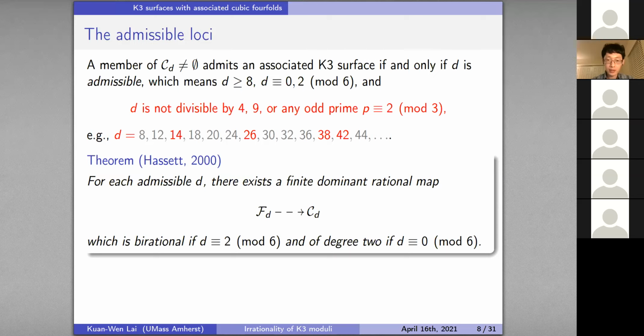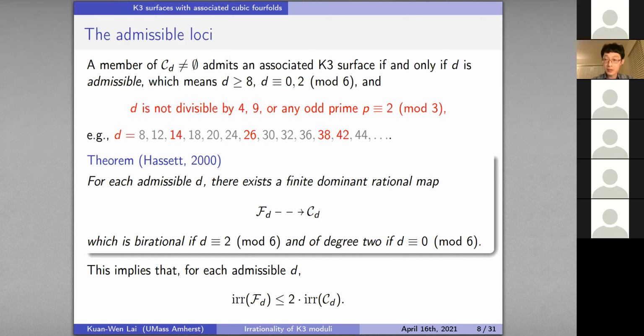In other words, if D is congruent to 2 modulo 6, a general cubic fourfold in C_D has one associated K3 surface. And if D is congruent to 0 modulo 6, then a general member in C_D has 2 distinct associated K3 surfaces.